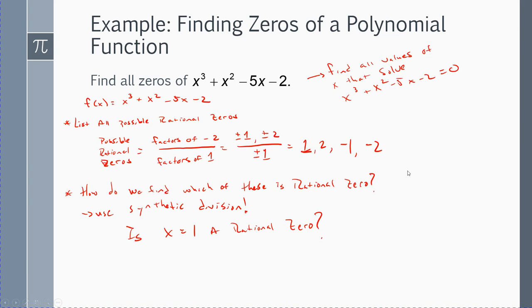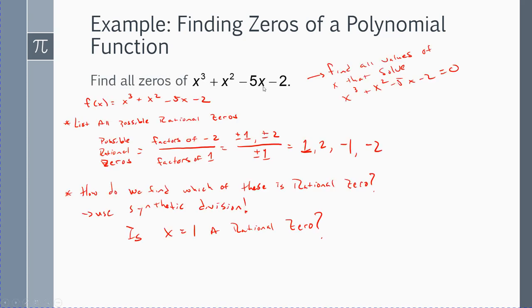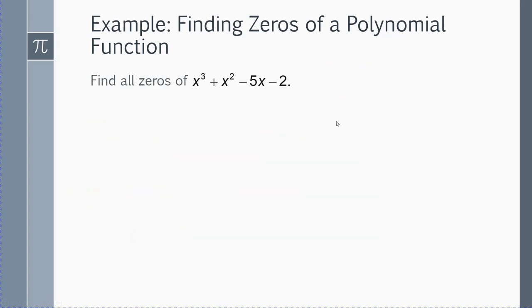So watch what I'm going to do here. I'm going to go to the next slide here. So my function was f of x is equal to x cubed plus x squared minus 5x minus 2. So is x equal to 1 a rational zero?